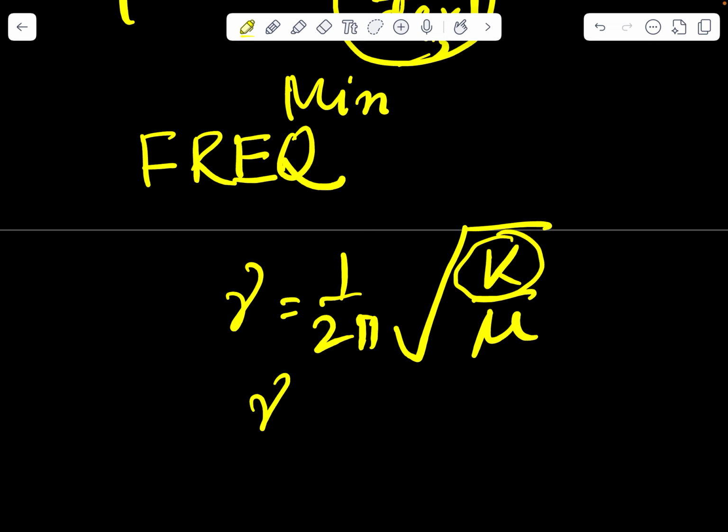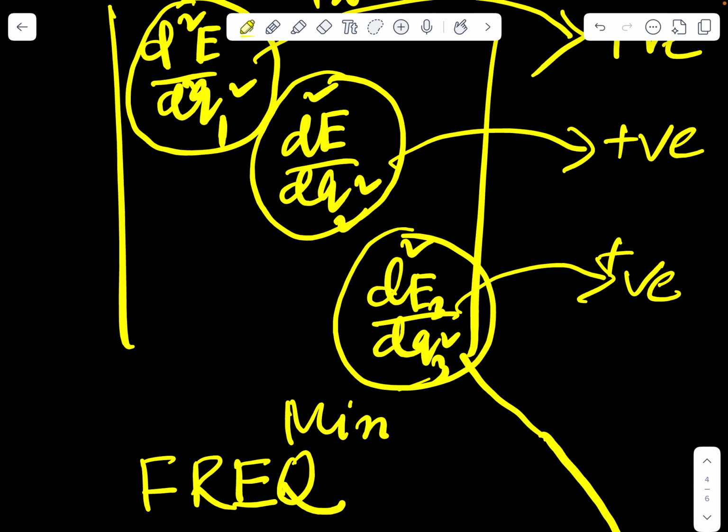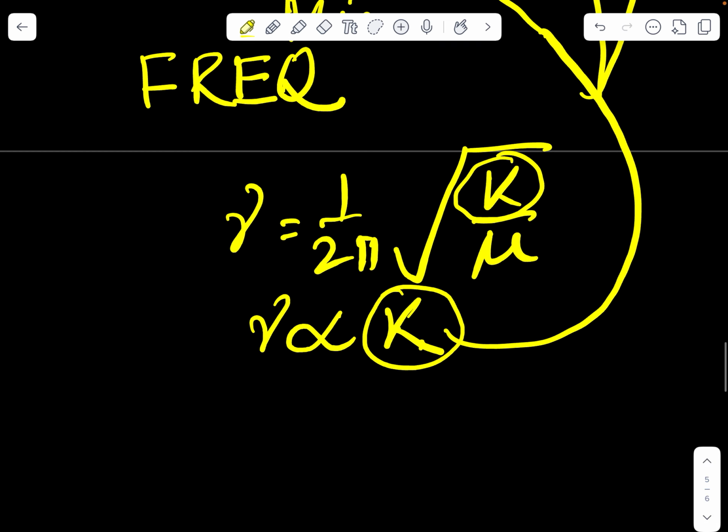That means nu is proportional to the root of the force constant. If the force constant is positive, frequency is real, and this force constant is related to each of the diagonal elements. So if the diagonal elements are positive, the force constant will be positive. If the diagonal elements are negative, the force constant will be negative.